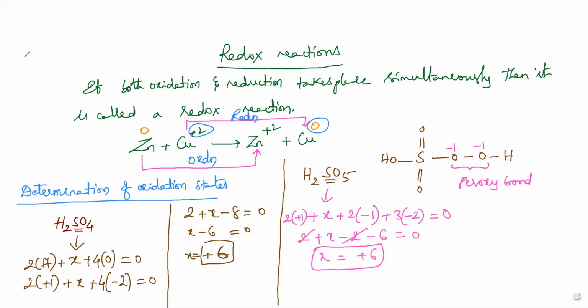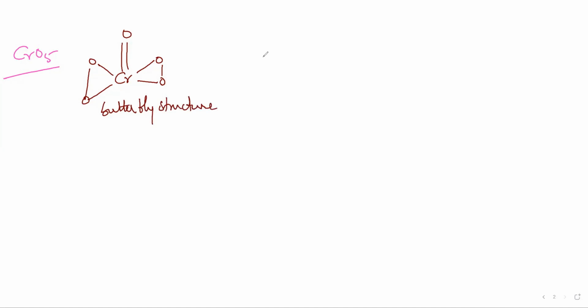Then CrO5. It is having a special structure, chromium. This is what we call butterfly structure. Now in this you can see clearly, these 2 oxygens are in peroxy linkage.